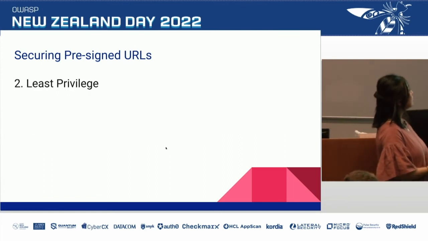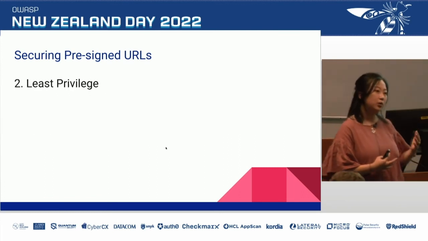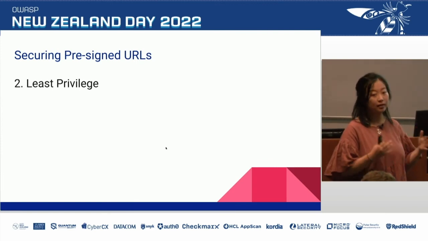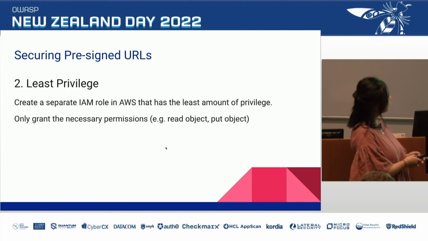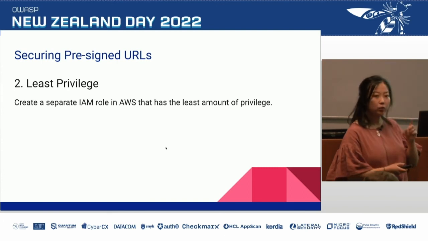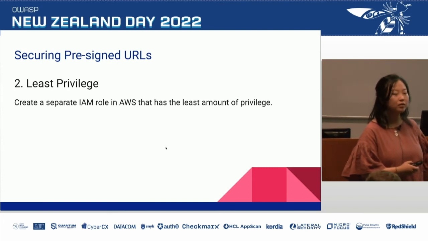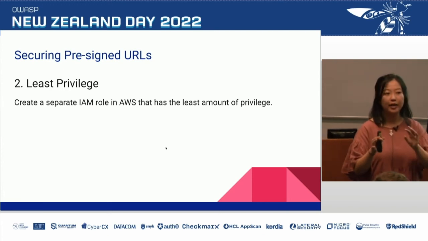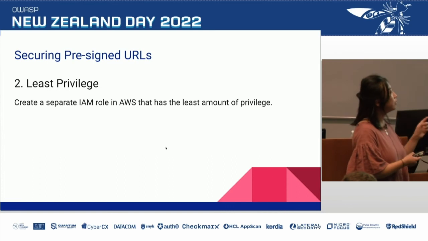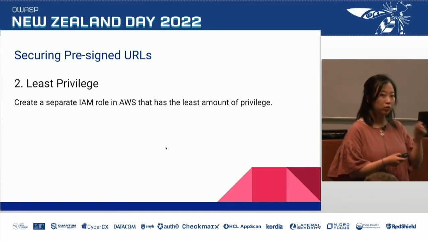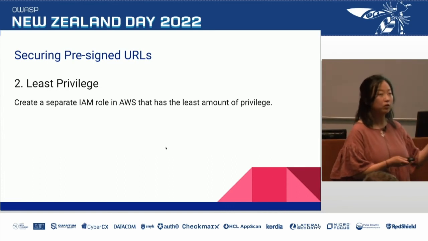The second thing is making sure that the user who signs the URL has the least amount of privilege, right? Because when you're creating these URLs, the URL essentially has the same permission as the user who signed it. So you want to make sure you create a separate role for the user who's signing these URLs.